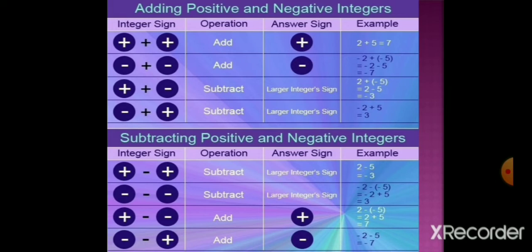When you are subtracting two negative integers, you have to subtract and give the larger integer's sign. For the third one, when you subtract integers with a different sign, you have to add and give the positive sign in the third case and the negative sign in the fourth case. Okay. Hope you understand how to add and subtract the integers.